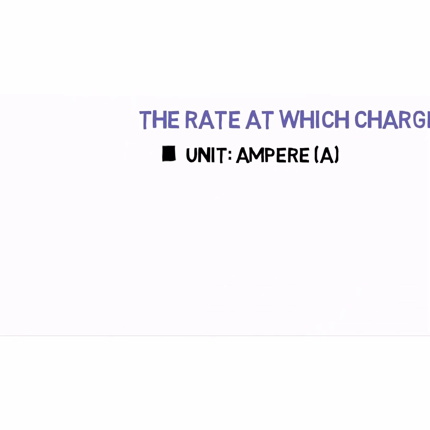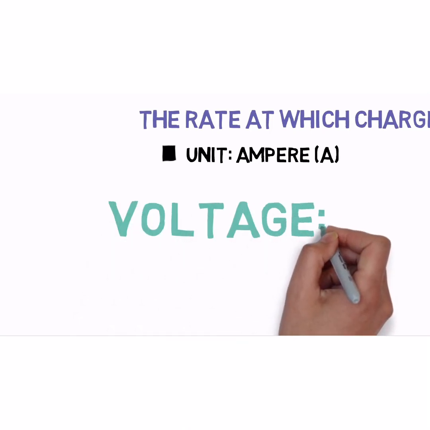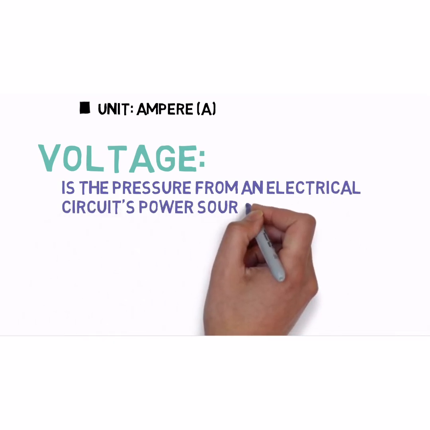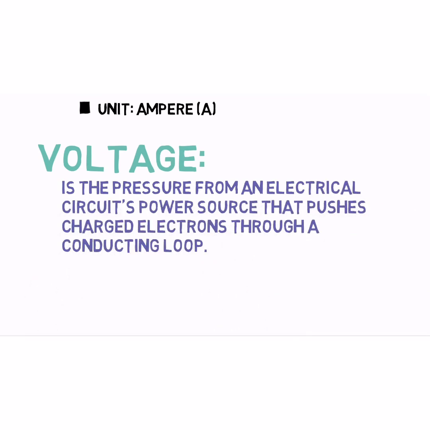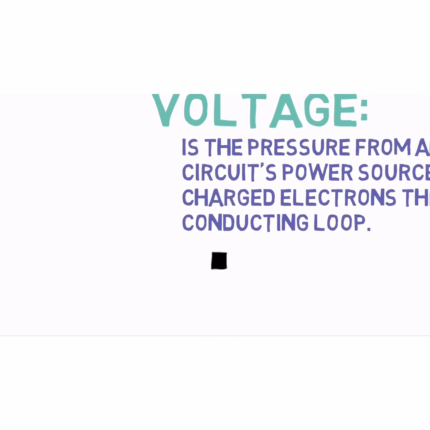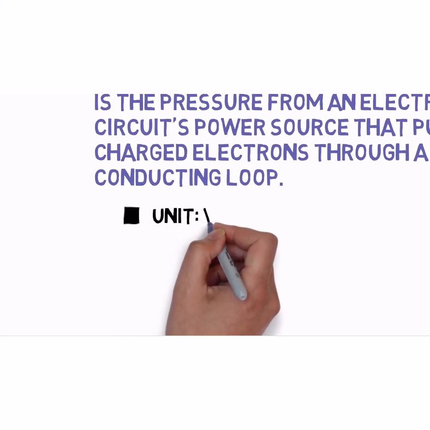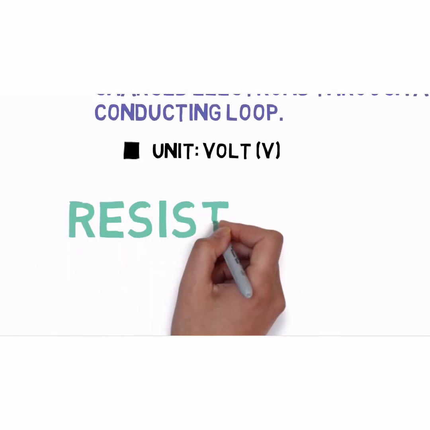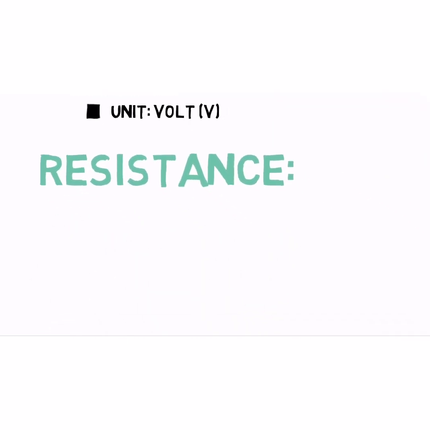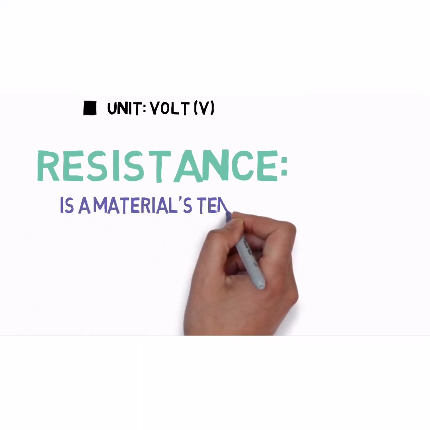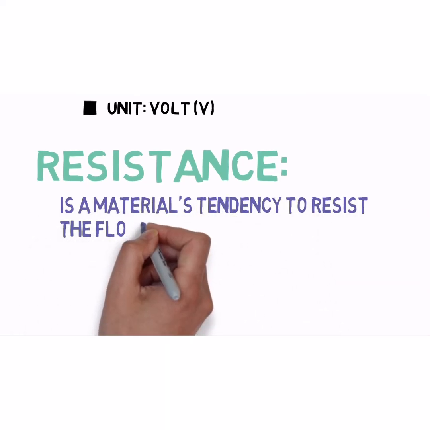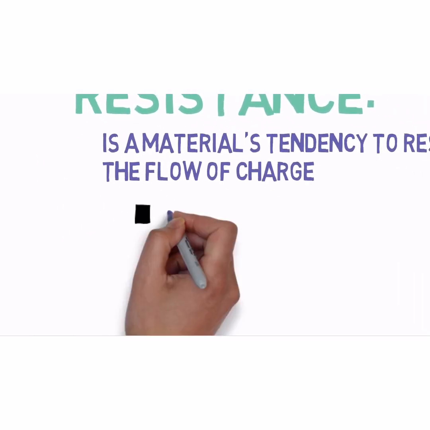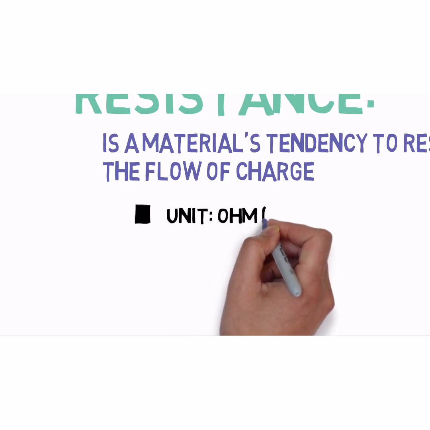Voltage: the voltage is the pressure from an electrical circuit's power source that pushes charged electrons or current through a conducting loop, and it's measured in volts. Resistance: the resistance is a material's tendency to resist the flow of charge or current. The resistance is measured in ohms.